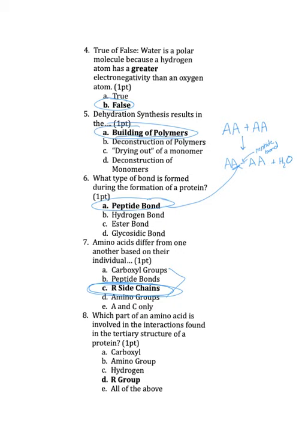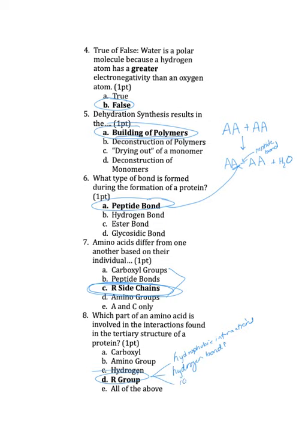Question 8, which part of the amino acid is involved in the interactions found in the tertiary structure of a protein? Those are the R groups. The R groups can form things like hydrophobic interactions. They can also form hydrogen bonds.